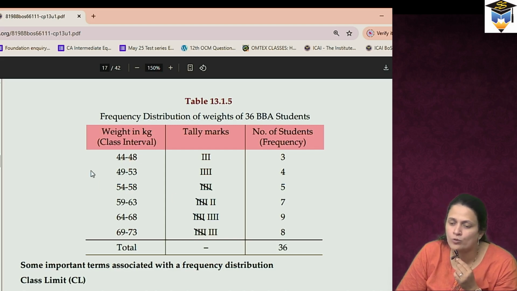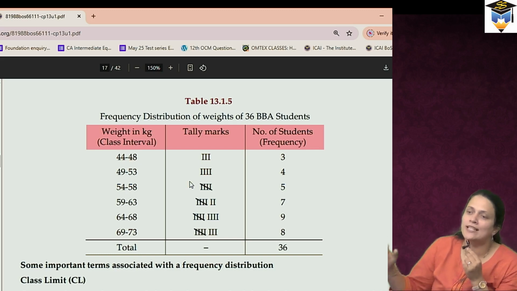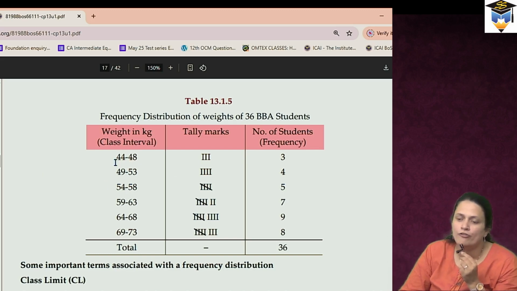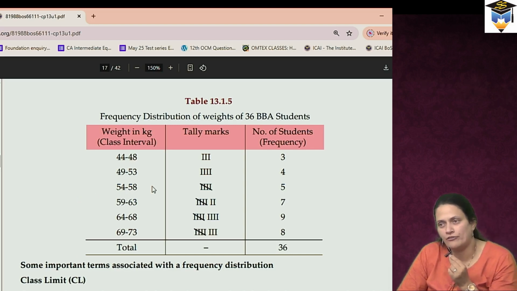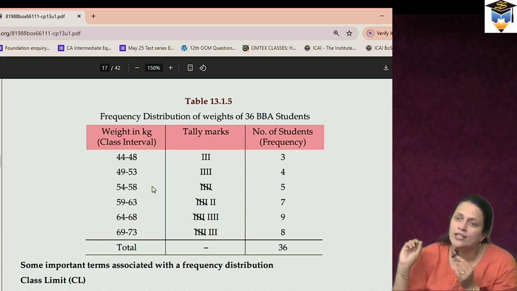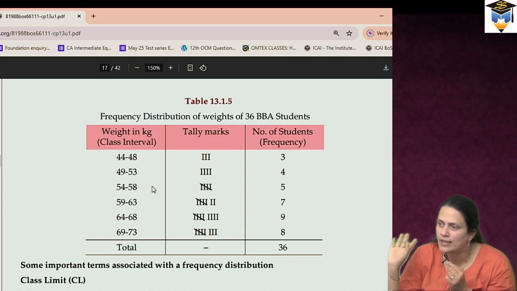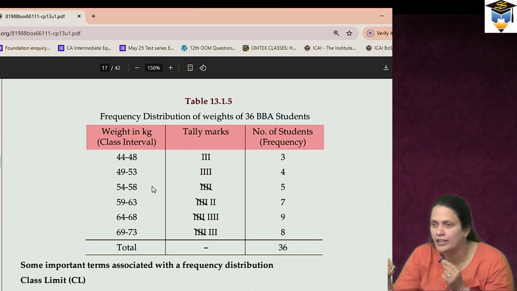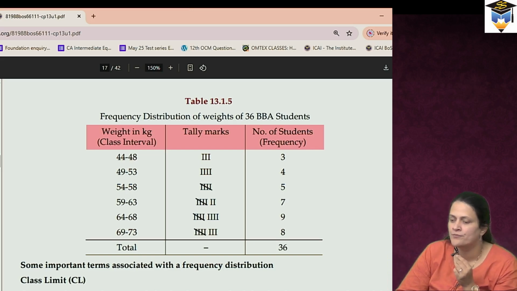So the classes become 44.5 to 48.5 as the first class, next 48.5 to 53.5, next 53.5 to 58.5. Is it converted to a continuous grouped table? Have you understood how to convert a normal grouped frequency into a continuous group frequency?